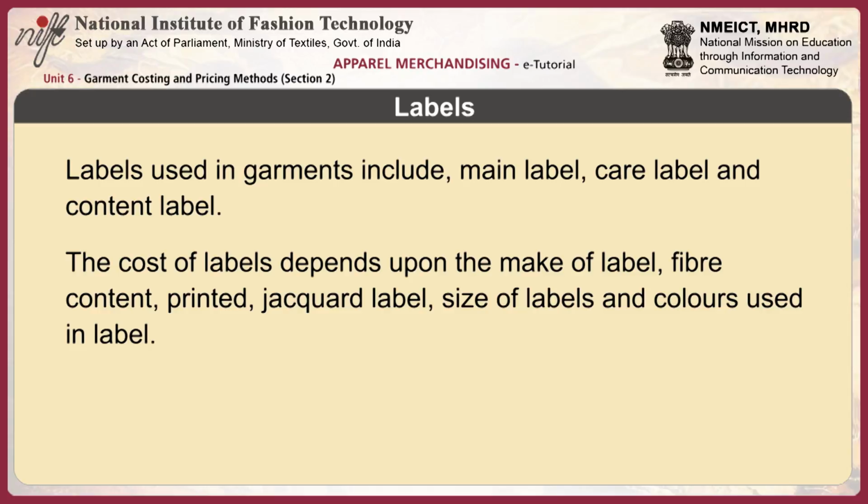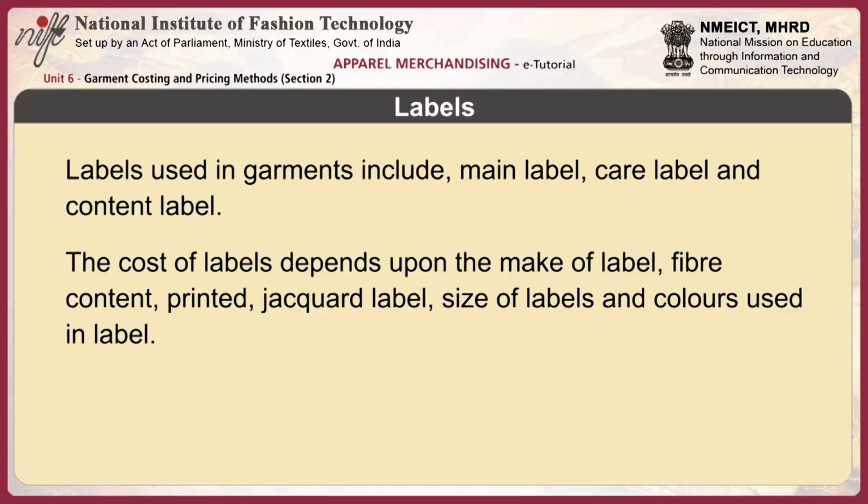The cost of a label depends upon the make of the label. Depending on what type of make the label is, the cost will vary. That means what type of fiber it is made of, the fiber content of the label, whether it is a printed label or made in a jacquard manner, or the size of the label.